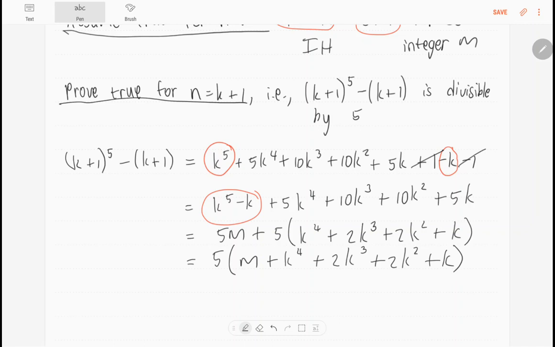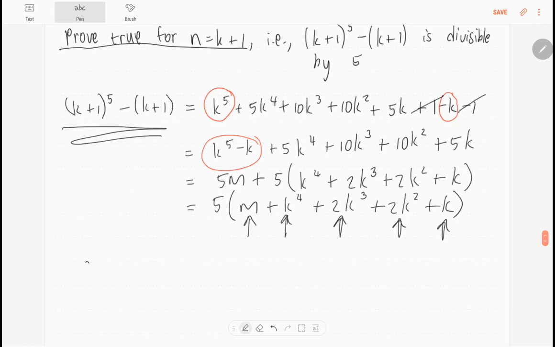I wanted to show that I can write the left-hand side as an integer multiple of 5. And m is an integer, k to the 4 is an integer, 2k cubed is an integer, 2k squared is an integer, and k is an integer. So we have proven what we wanted to show.